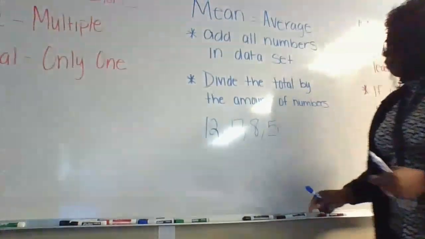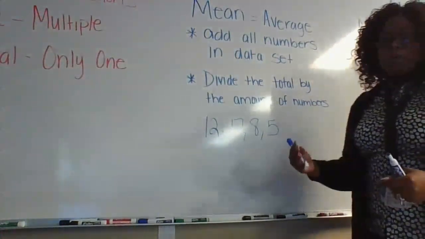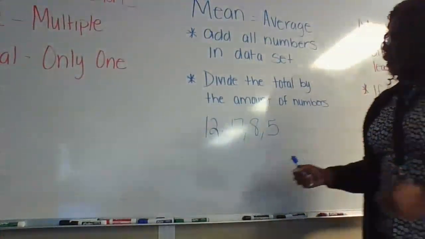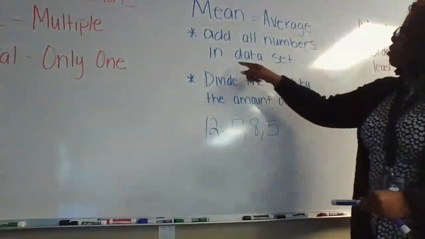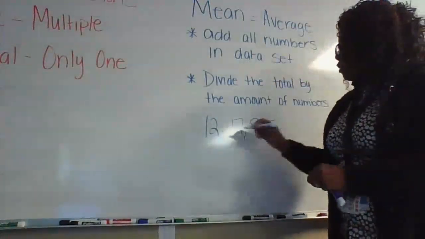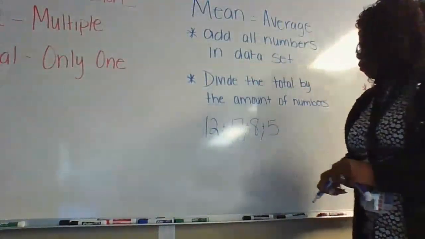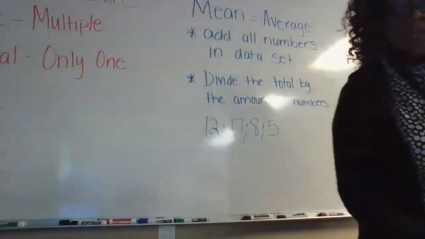So we have 12, 17, 8, and 5. If I wanted to find the average of these numbers, what I would do is take the numbers, add them all together. So we add all the numbers in the data set. So that would give us 12 plus 17 plus 8 plus 5.